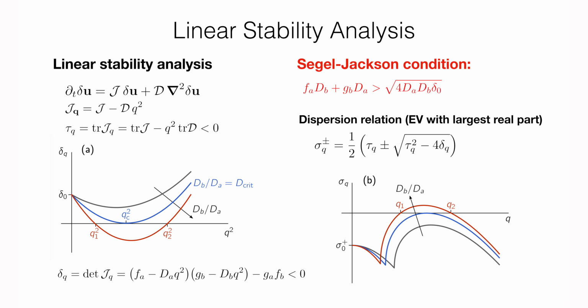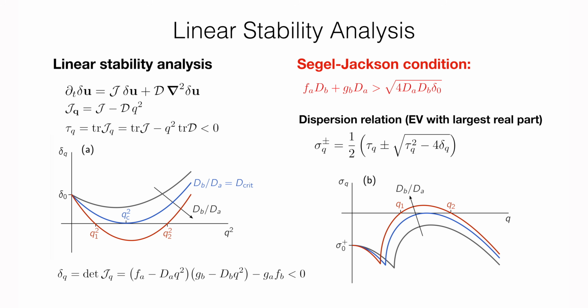And when you really want to plot the dispersion relation, you have to solve the standard relation with the trace and determinant, and what you find has this typical shape, such that as you increase the ratio between the diffusion coefficient of species B and species A, at some point, like here, you get a band of unstable modes between q1 and q2.